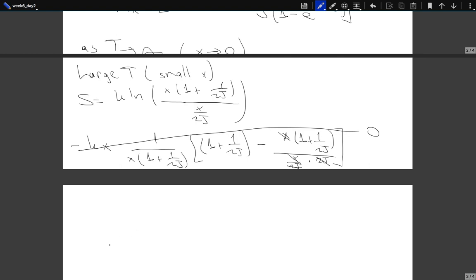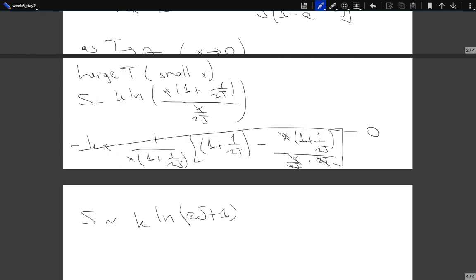And in this large T limit, large temperatures, the entropy is approximately given by k times logarithm of 2j plus 1. Okay, now we have the answer that we would have expected from physical grounds.